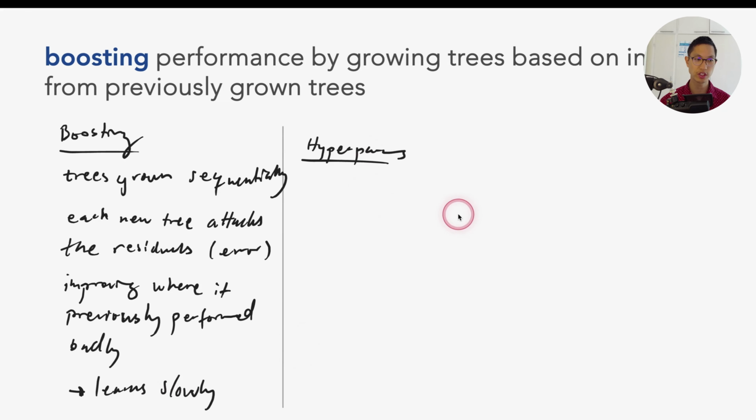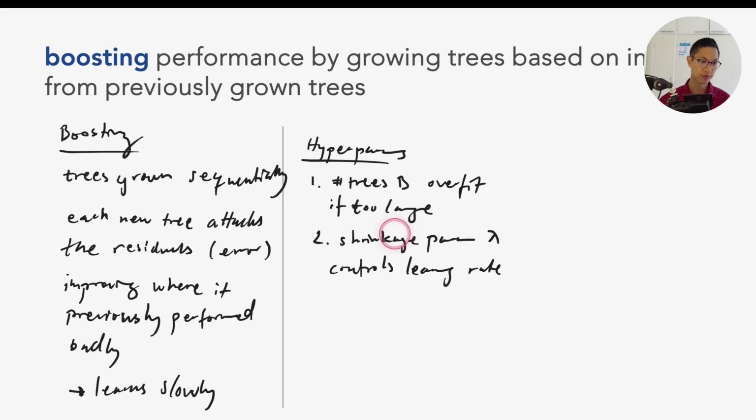And then you have different hyperparameters. You have the number of trees, which overfits if too large. It overfits if it's too large. You have too many trees, so the model becomes more and more complex because you have many trees on the small dataset that you have.